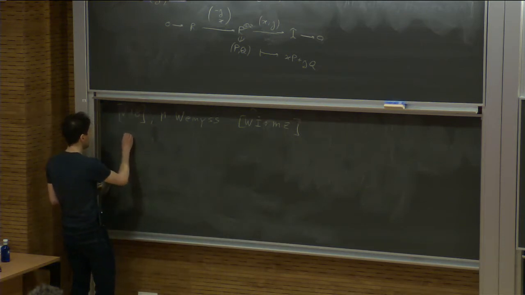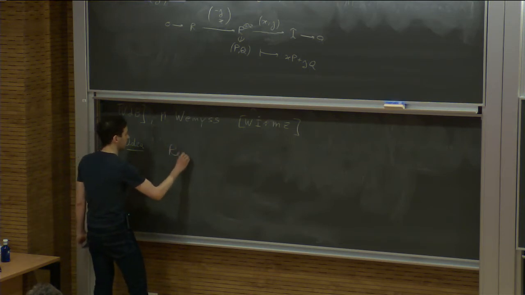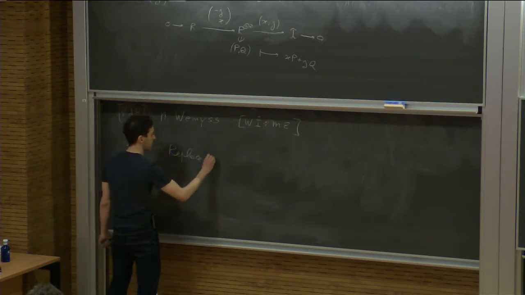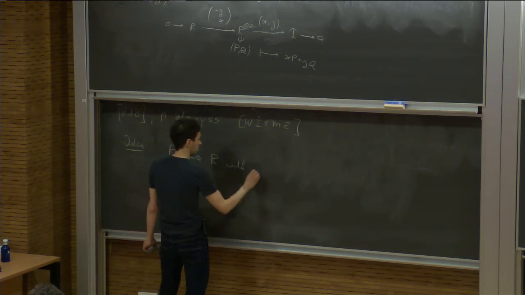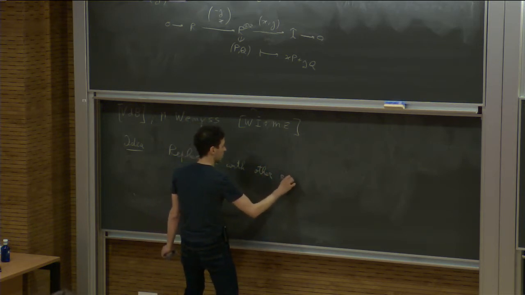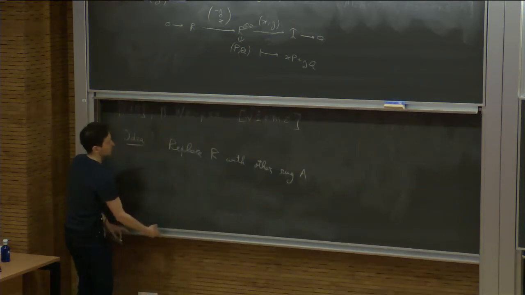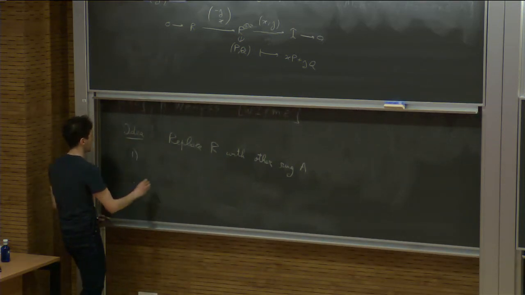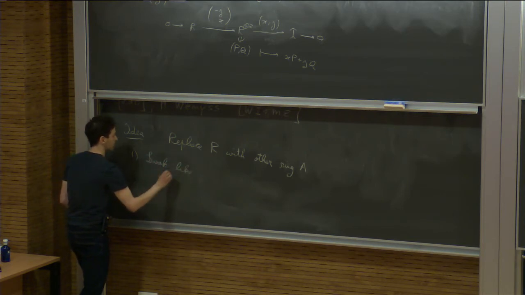So what's the idea to deal with this problem? Well, the idea is to replace this bad ring with some other ring. Let's call it A. And we will require some things. So first, it has to look like R in some way.